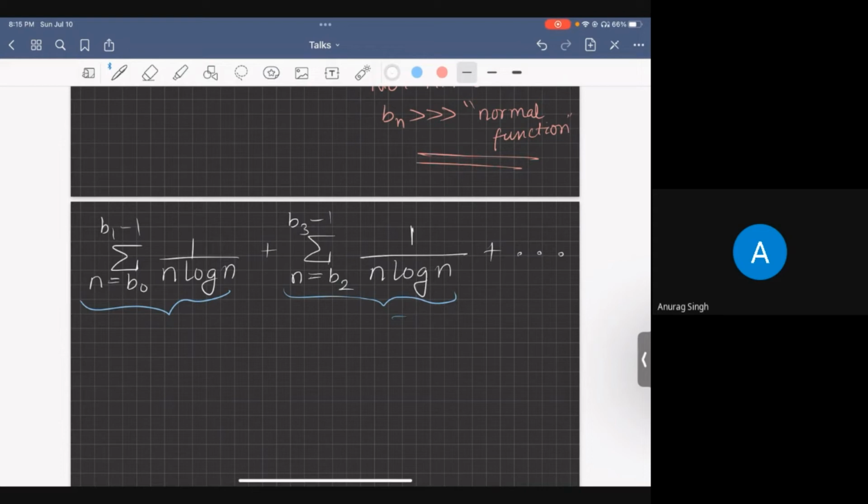Does everybody know that the integral of 1 over x log x is log log x? Just tell me if you don't know it. We can just integrate it, or take a substitution. Take log x to be u, and so dx by x is du.